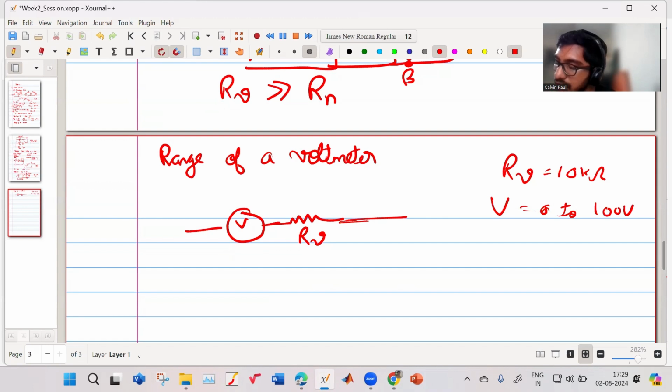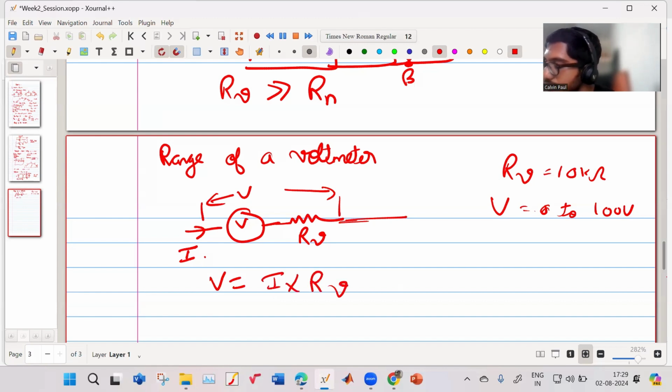So you must understand that there is a current I which is flowing through the voltmeter. There is some current at least which is flowing. So this voltage which it can measure, V, is actually I into RV.